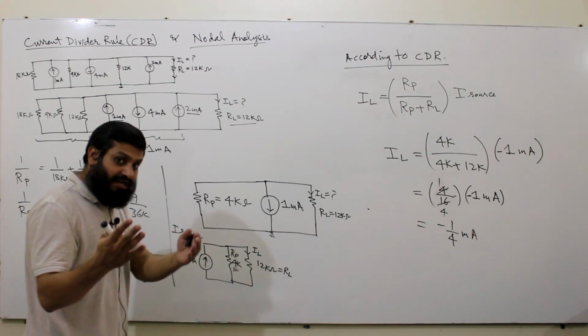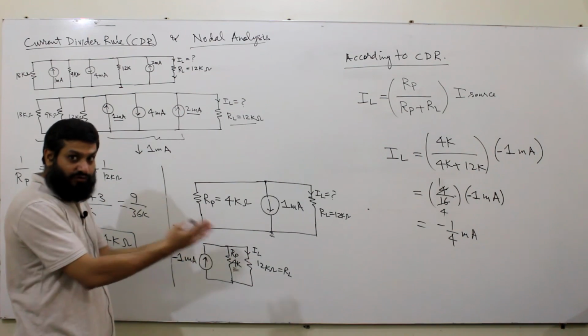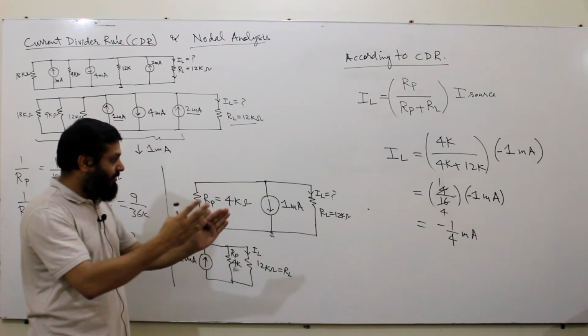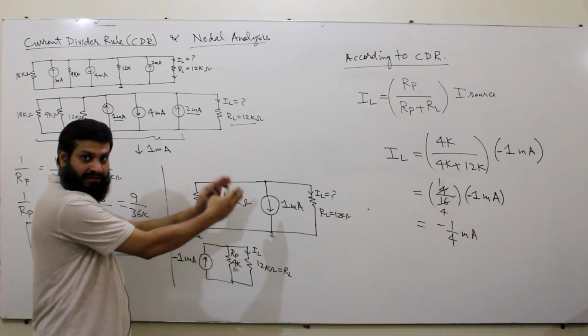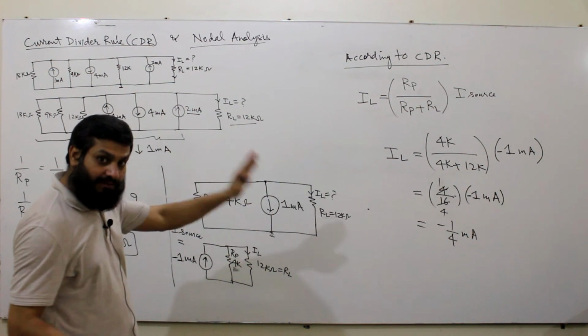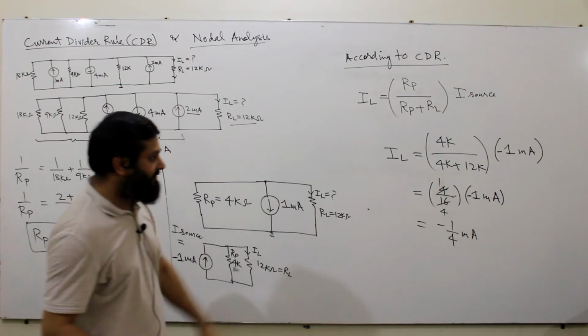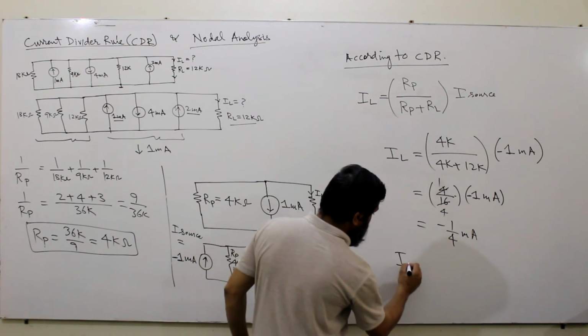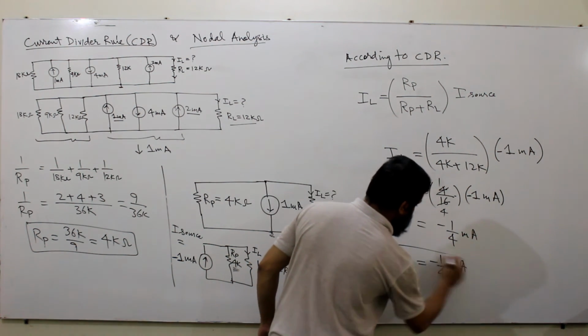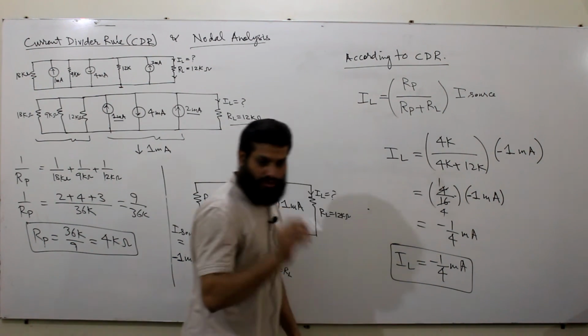But it is your choice. Whatever way you want to solve it, you can, but you must make sure that you do not mess up the directions and make a mistake. I have done both the cases, and by this way you have your required result, I is equal to minus 1 over 4 milliampere. So this is our solution.